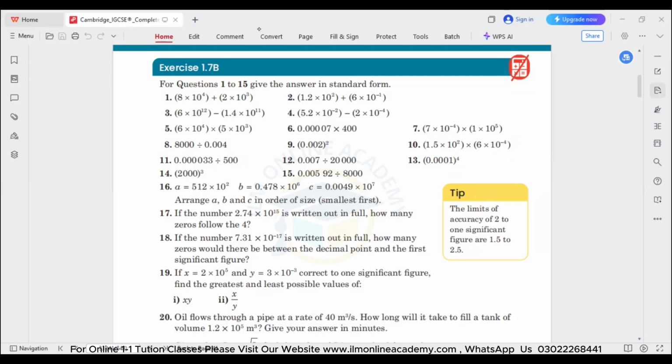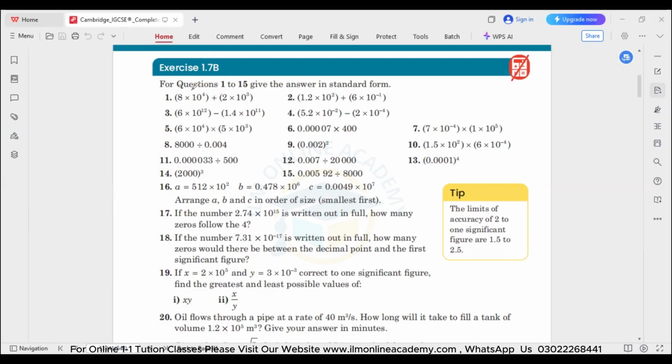Some students first change the standard forms into simple numbers and then add or subtract, but we will only work with the standard form rather than changing into the simple form.